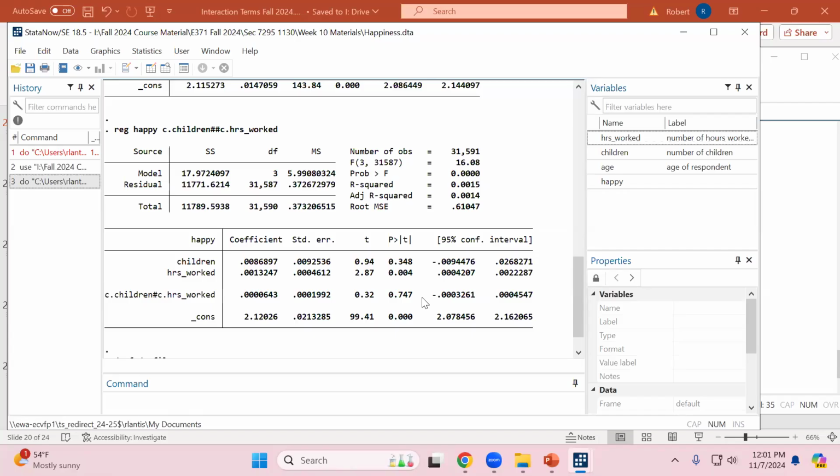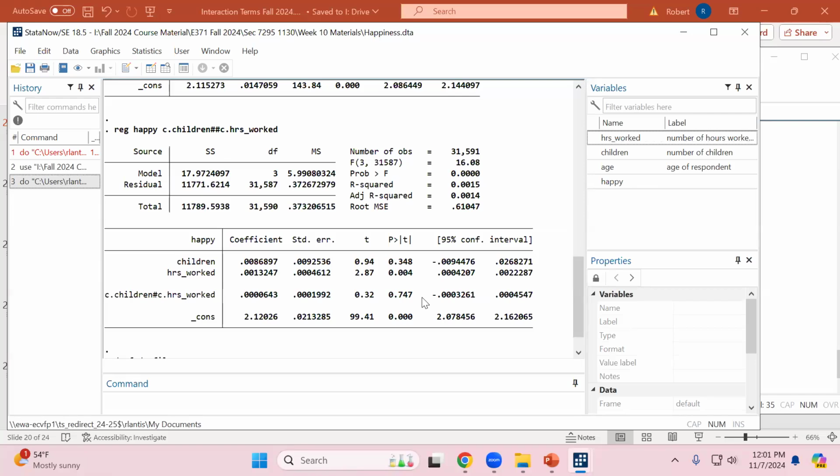The adjusted R squared was lower, and I don't have statistical significance on the coefficient of the interaction term. So those are the two things we would look at to decide whether we should be using the interaction term, and both suggest we shouldn't be. Is that clear, what I'm getting at there? Okay.